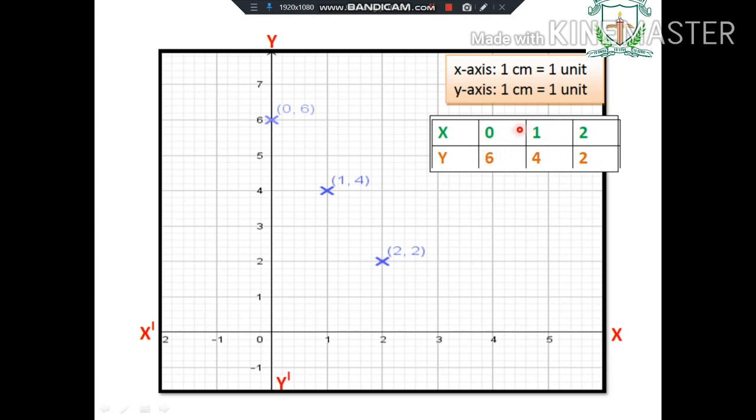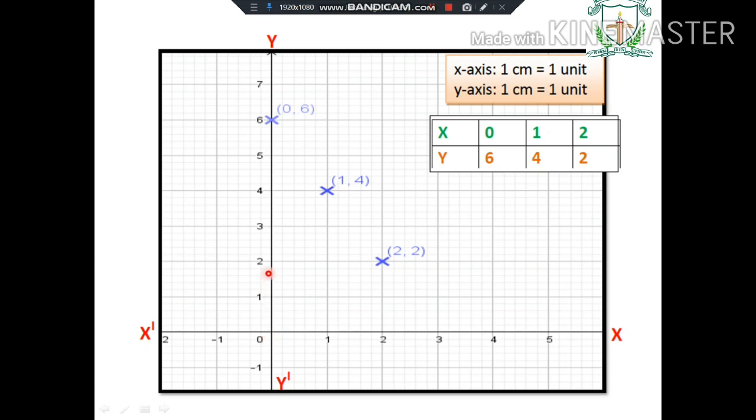We have to plot these points. Here, on the right hand side from 0, you mark 1, 2, 3, 4, 5, etc. From 0 on the left hand side you keep on marking minus 1, minus 2, etc. Here children, how to mark above the 0? Yes, this is plus.